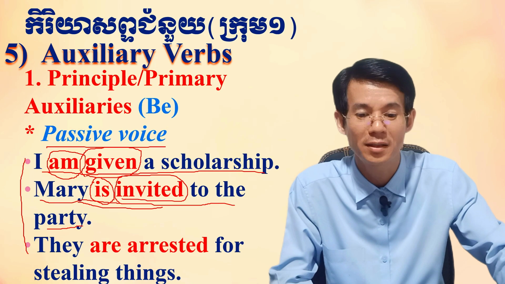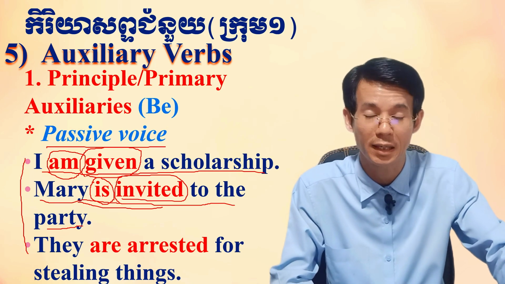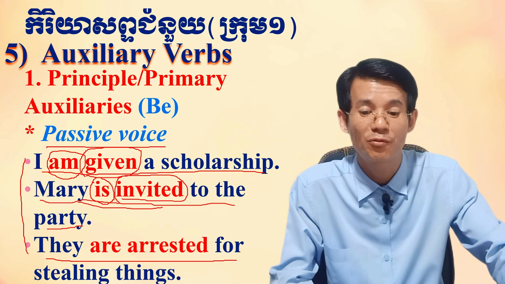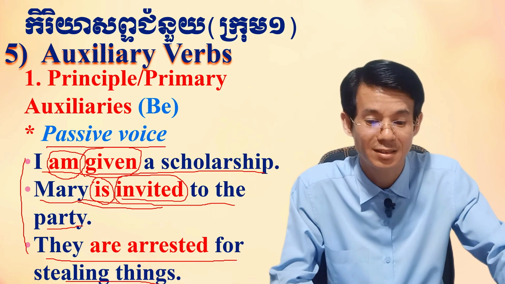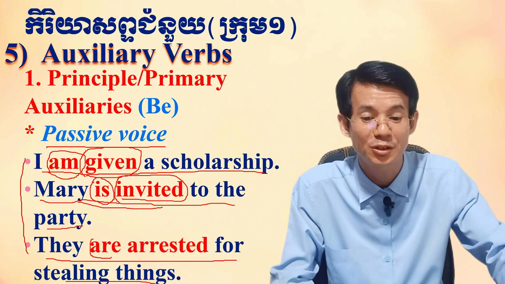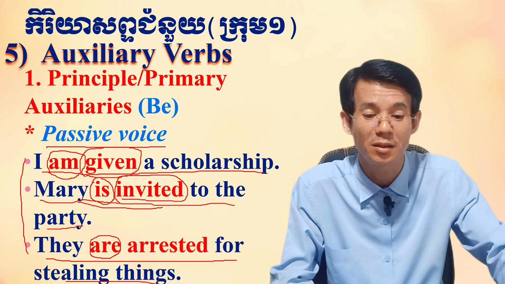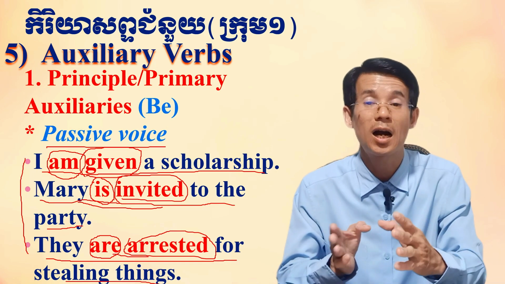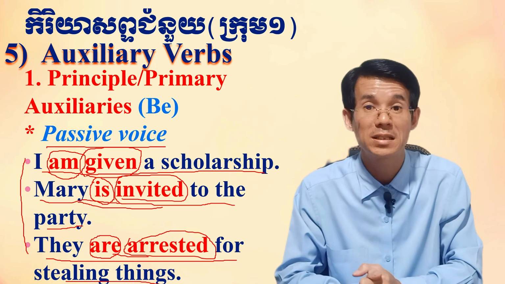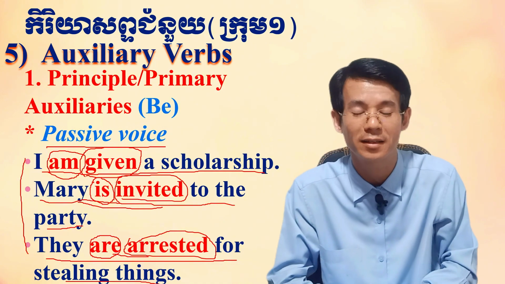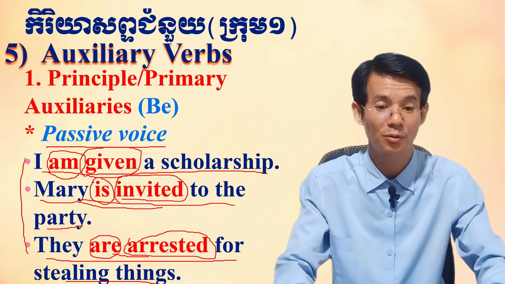They are arrested for stealing things. Are is the verb to be in present and arrested is verb 3, past participle, together are arrested forms present passive voice. Okay, so let's move to the next part.